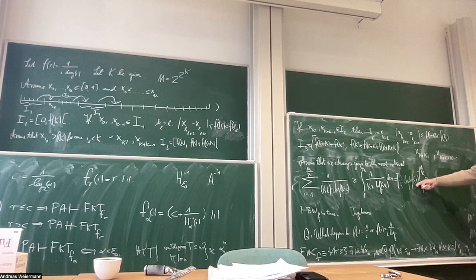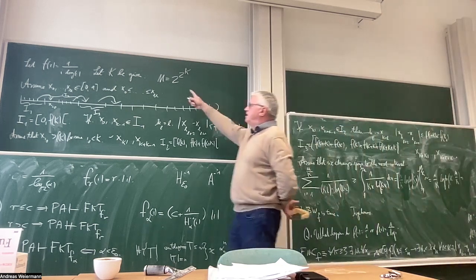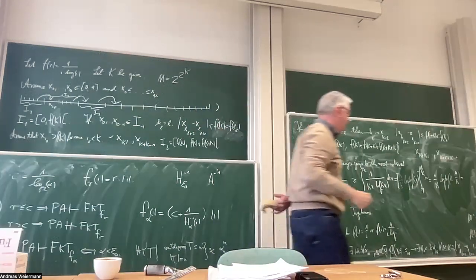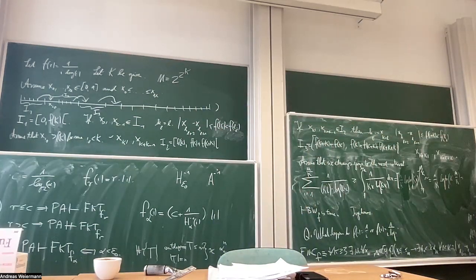And now you plug it in and over k. So it's 1 divided by k log of k times divided by k. Okay, what do we get? We get the log of m, and m is to the k. So we get 1.